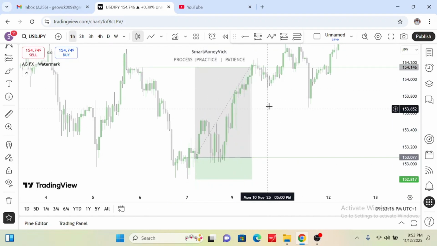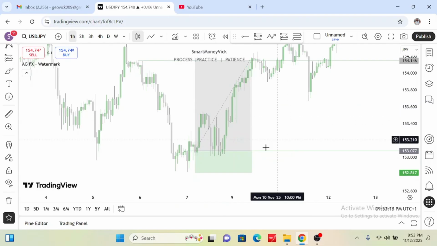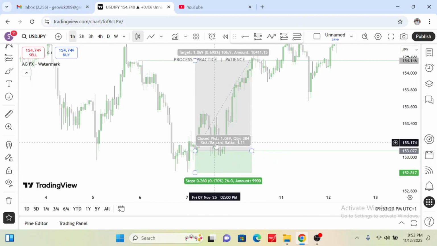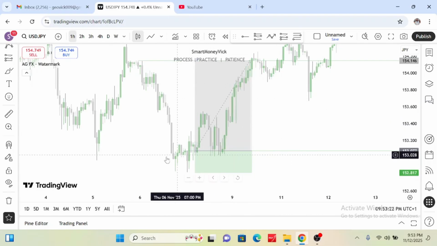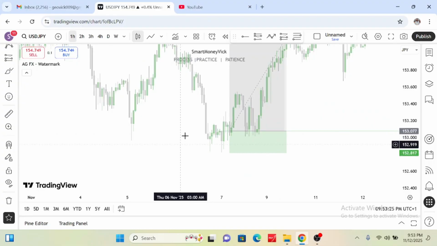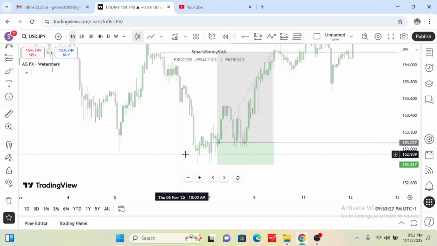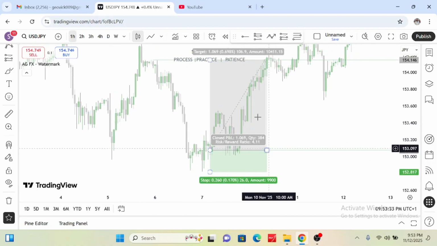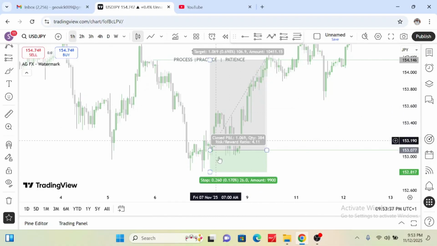This is a beautiful 1:4 RR trade. So all these sales we are seeing around here don't concern us. The fact that we took out a previous daily low, price has given us confirmation on the 1 hour time frame. It means that the bias for the market for this current time has flipped bullish.